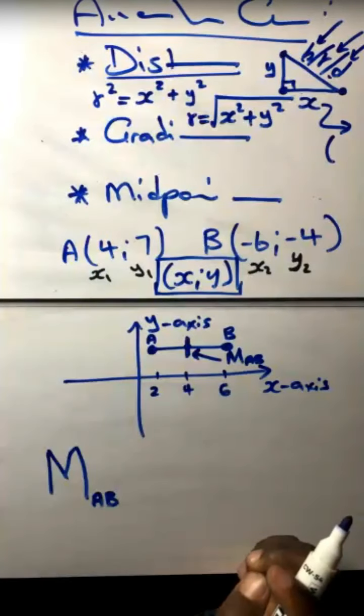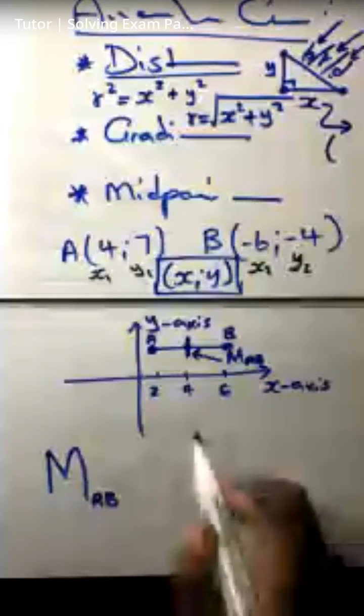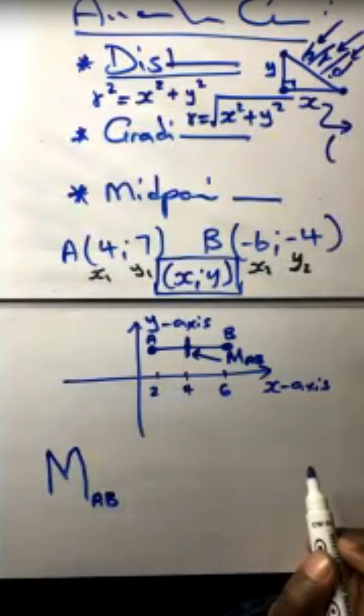It's 4. 4, sir. So how did you get that 4, or how did you know it's a 4?